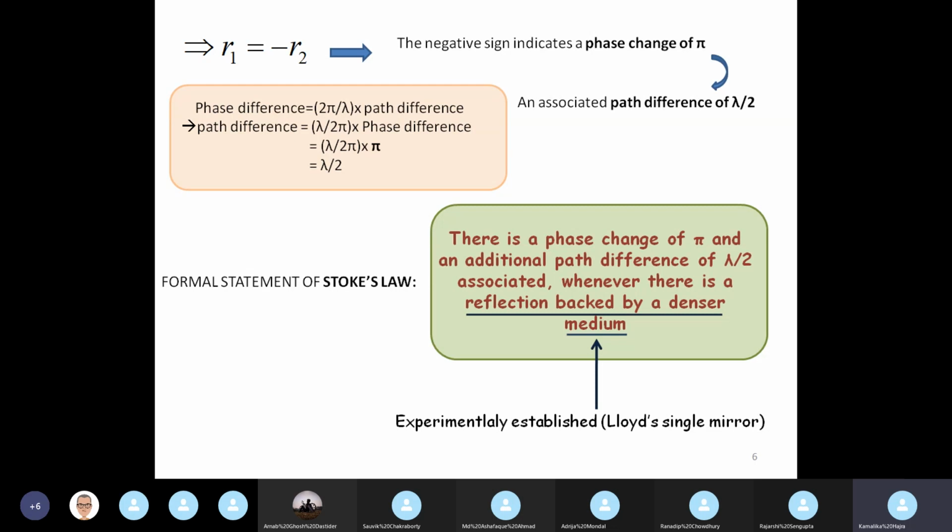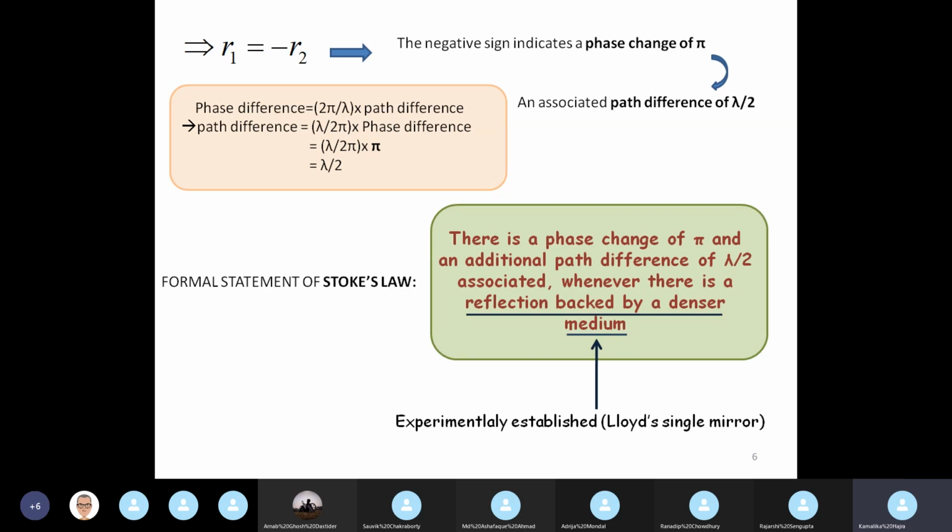There is no phase change that happens when reflection is backed by a rarer medium. Only when light is reflected from the surface of a denser medium, then there is an additional phase change of pi associated with it.